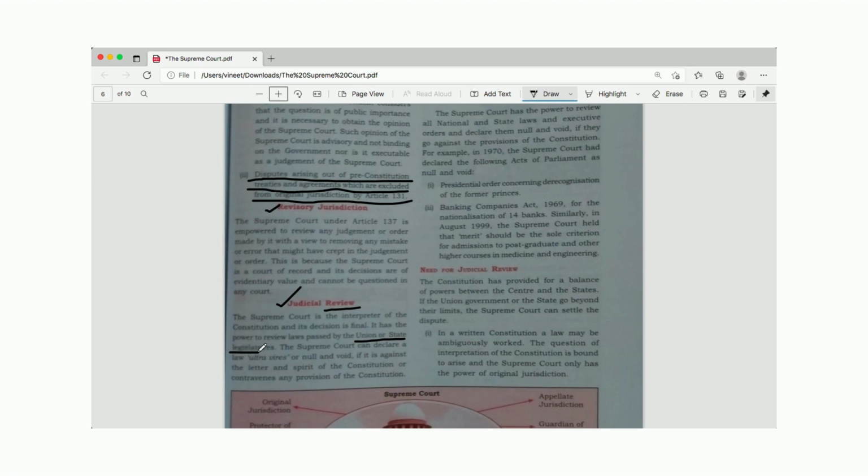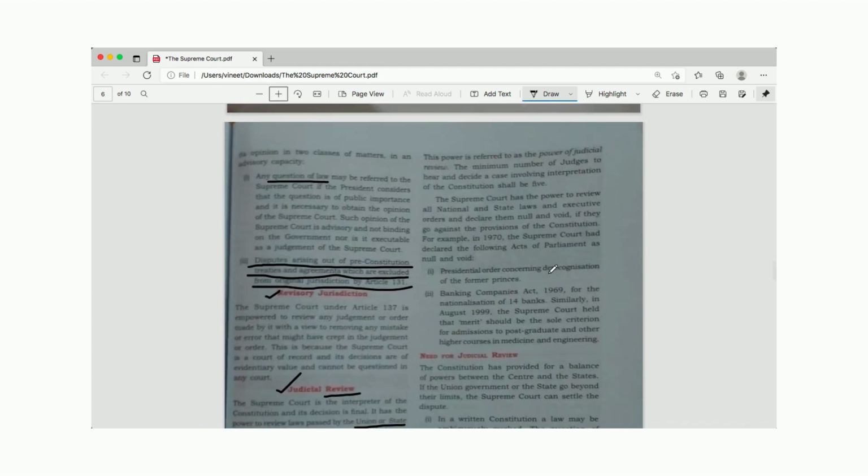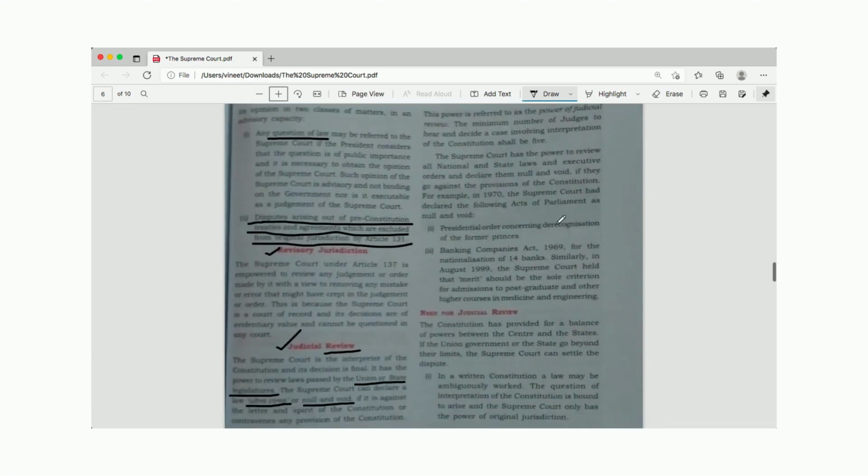And one important term here is, if they find it is against the letter and spirit of the Constitution, the judiciary may declare that law made by the legislature as ultra vires or null and void. Because the judiciary knows better about the Constitution, even more than the legislature. So if they find there is an error in the lawmaking process, they may declare the law as ultra vires. So this is the power of judicial review of the Supreme Court.